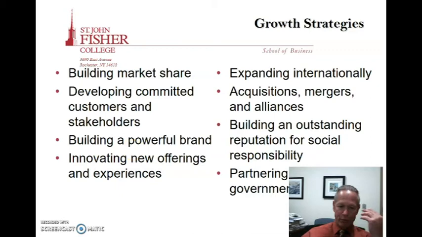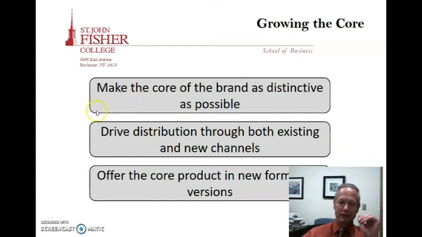And they're talking about a brand experience. Outstanding reputation for social responsibility. You look at Accenture, HP, M&M Mars, or partnering with other businesses, acquisitions, mergers, and those types of things.